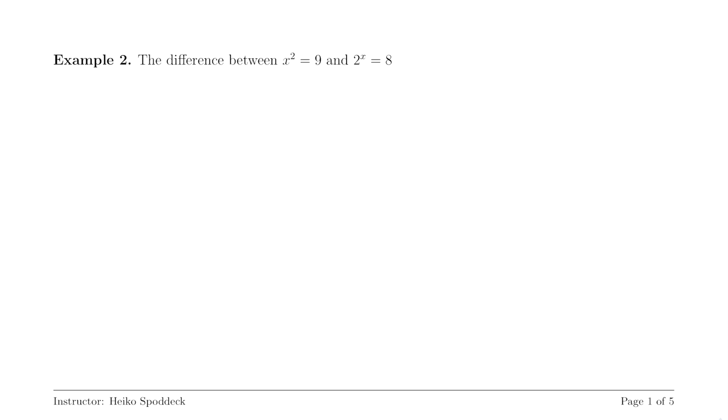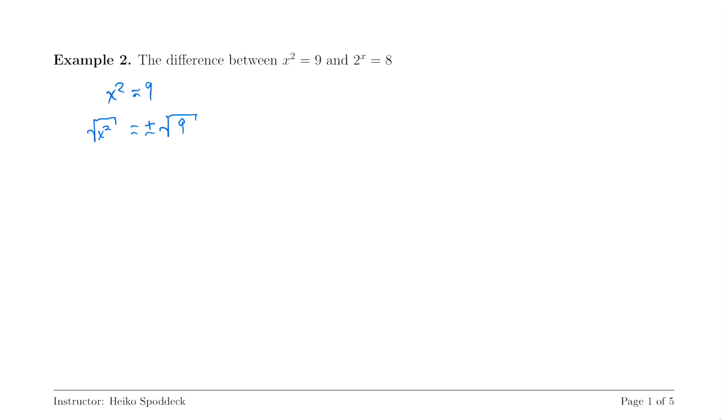So I'm going to start with x squared equals 9, and what we at some point learned is that if we take the square root on both sides, we always have to remember that we have two possibilities.